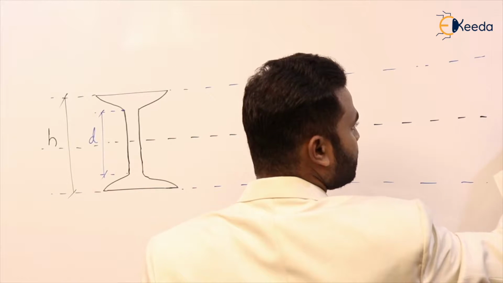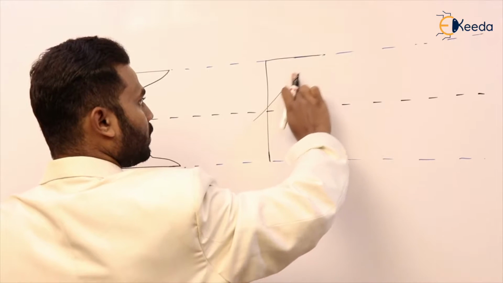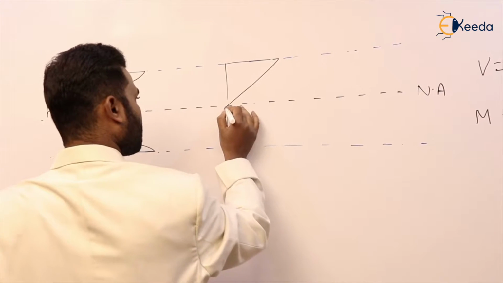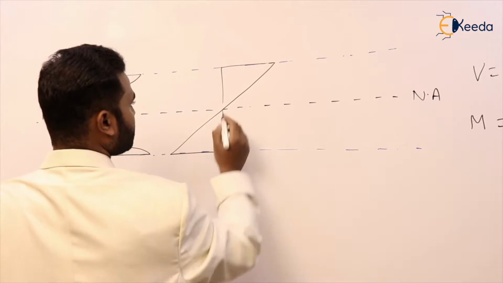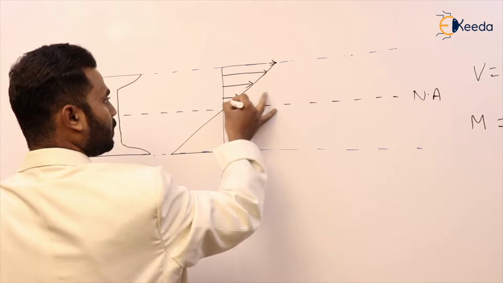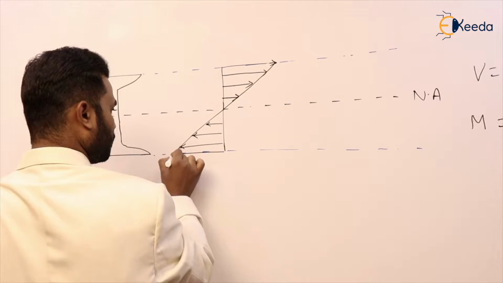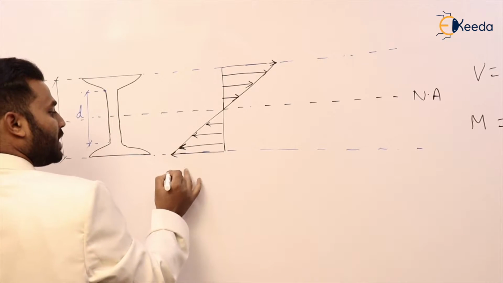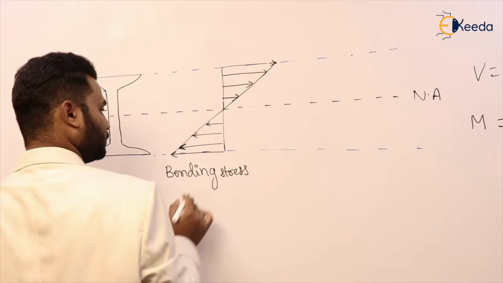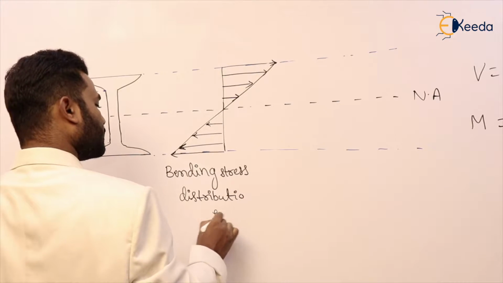So this is the neutral axis, and this is how the bending stress is distributed, as you have discussed in strength of materials.